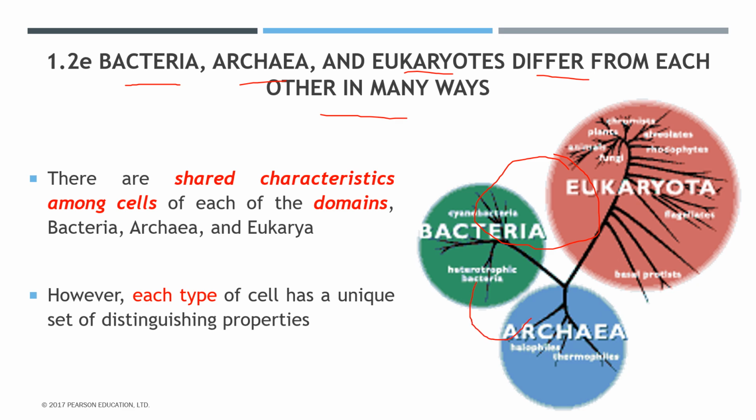Bacteria and archaea can share the size, and eukarya and archaea can also have similarities in the initiation of translation or transcription. So there are some similarities. However, each group is different from each other.